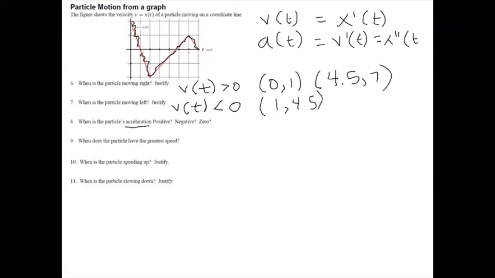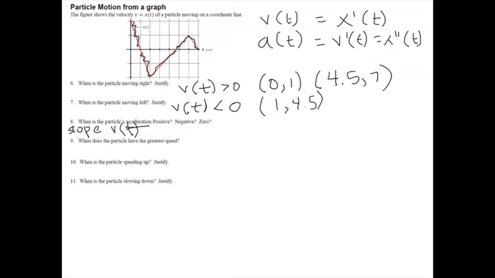So in looking at this graph, we can actually look at the slope of v of t. I'm going to write that over here. Slope of v of t. And see when it's positive or negative or whatever.